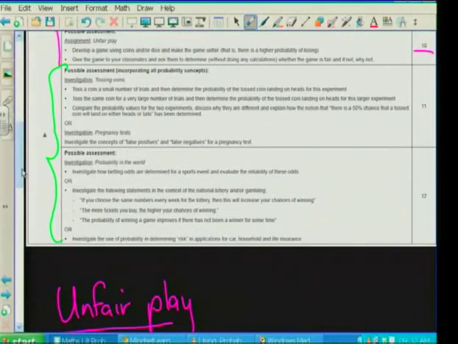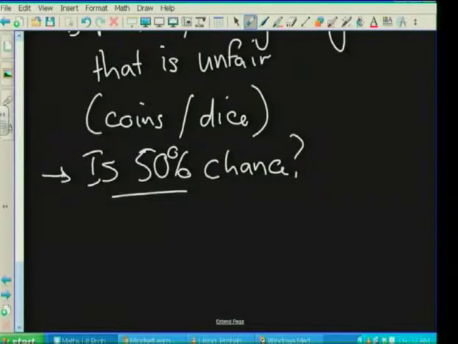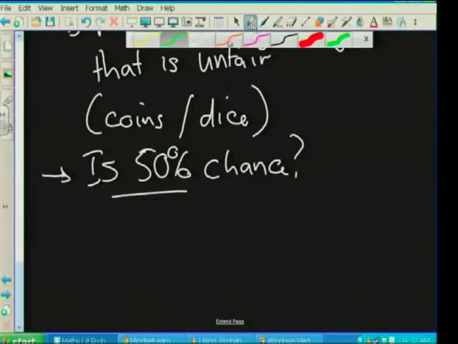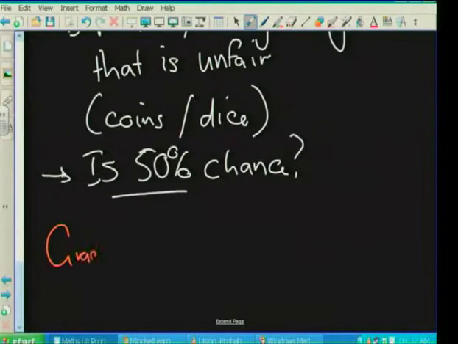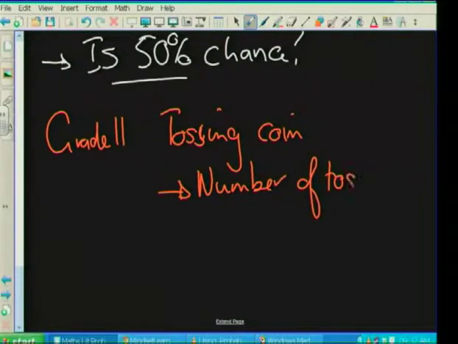There is a requirement to have the investigation, and the particular one for grade 11 deals with a coin toss, flipping a coin, and looking at the number of tosses.